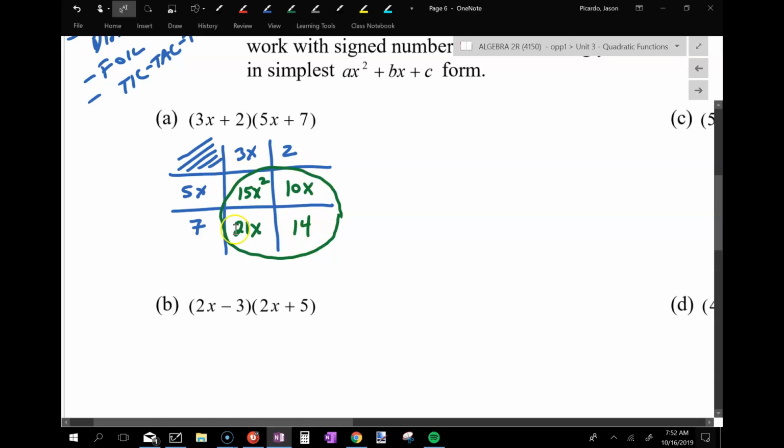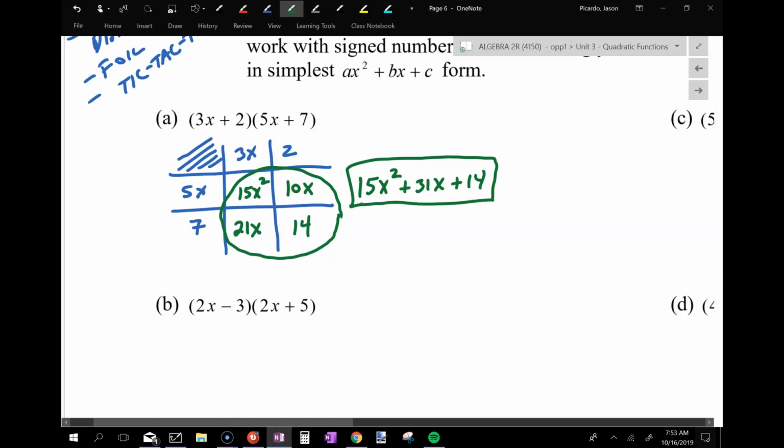Now you can take those 4 terms and add them together, right? And that is your solution, right? So we expanded this, right? We took the factors and we expanded it to make a trinomial, right?